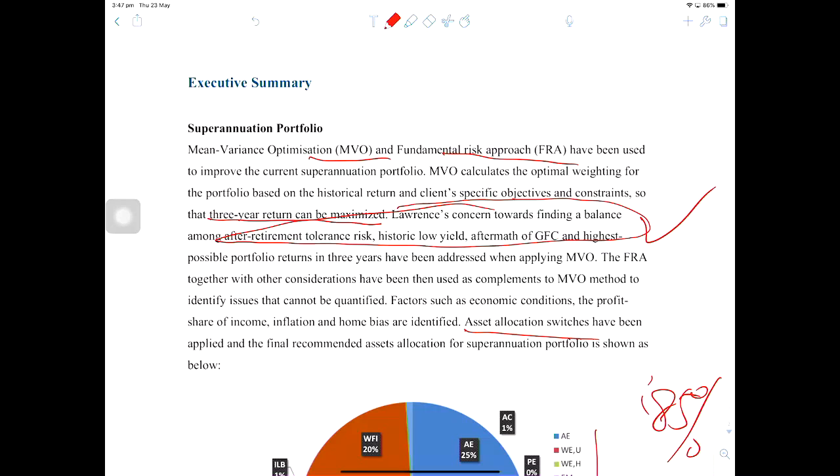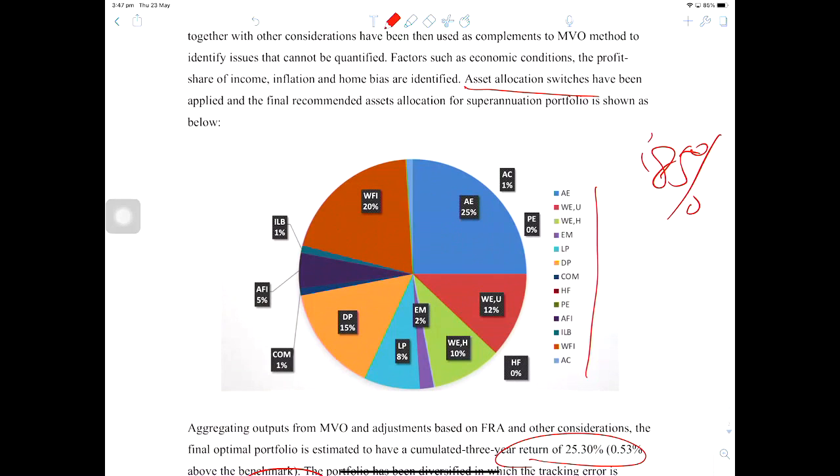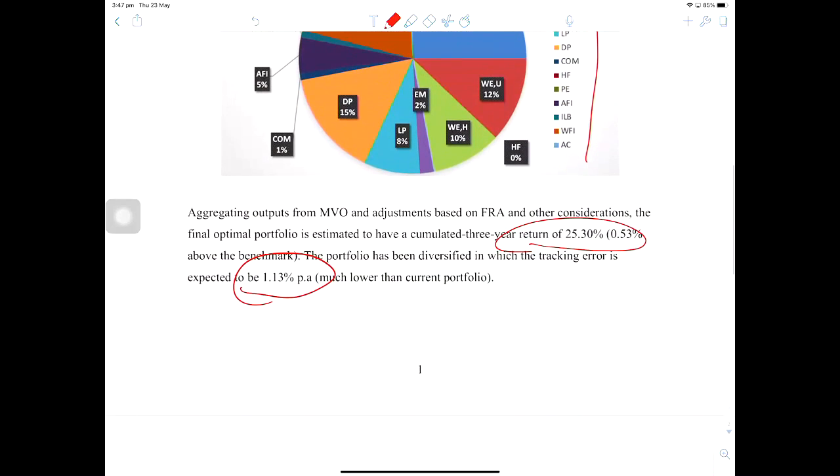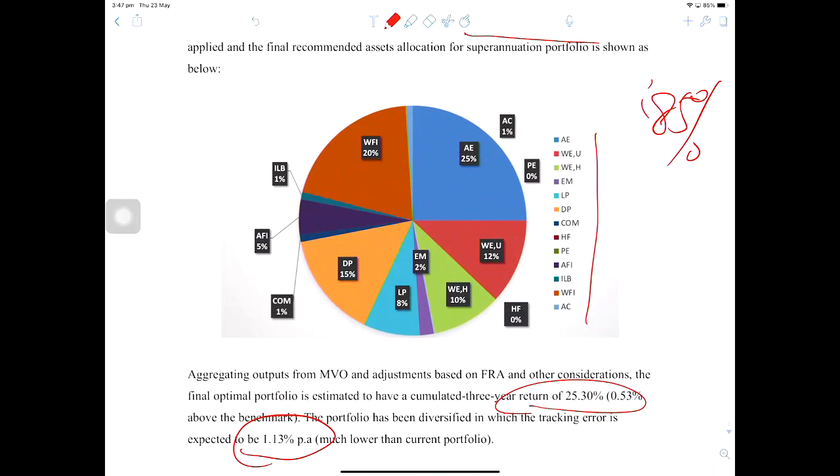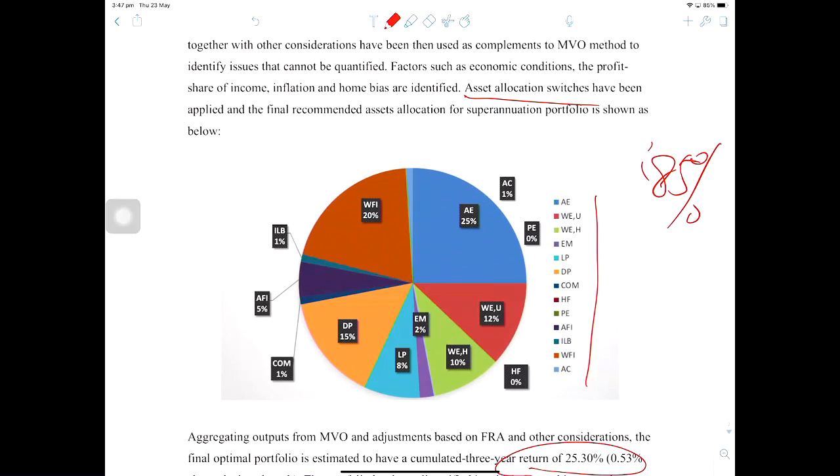We are very clear that we are working towards an objective to help the client achieve such objectives and addressing these concerns. And that's our recommended asset allocation. And finally, the expected portfolio outcome. So that's the strength of this assignment. That's probably the first page.